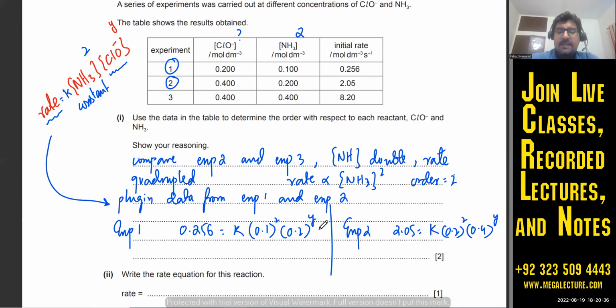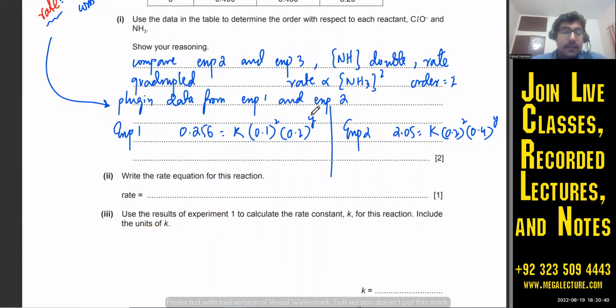I'm going to simultaneously solve them, specifically to get this value of y. How would I do that? I've got two unknowns, k and y. k is a constant, so k has the same value in both cases. y also has the same value in both cases because y is the order of the reaction, right?